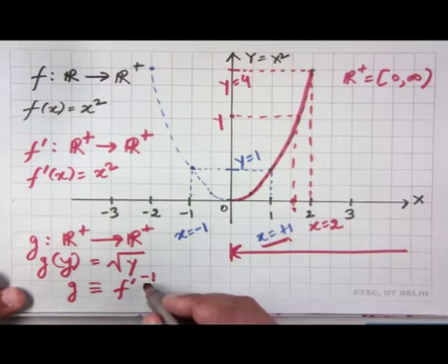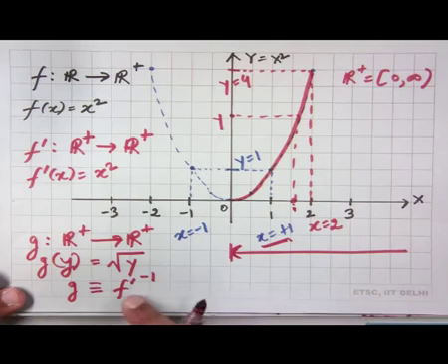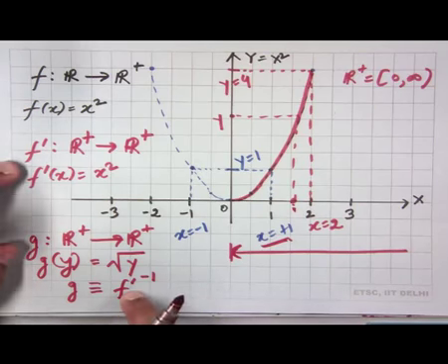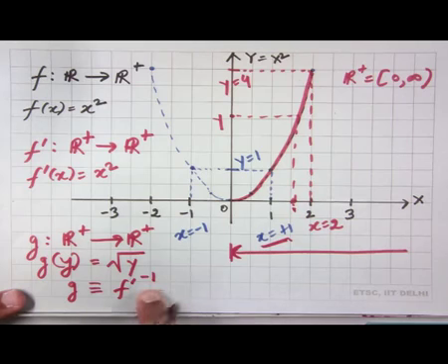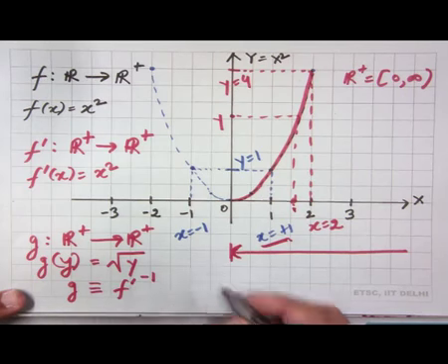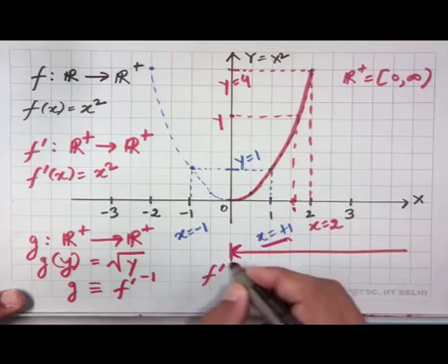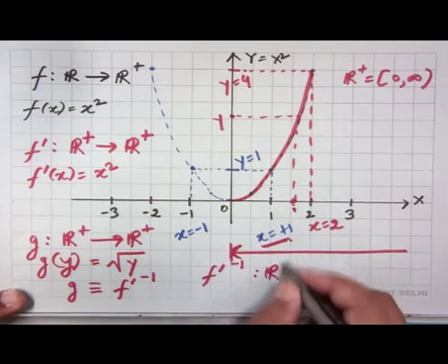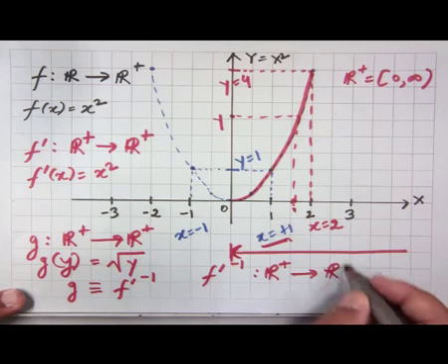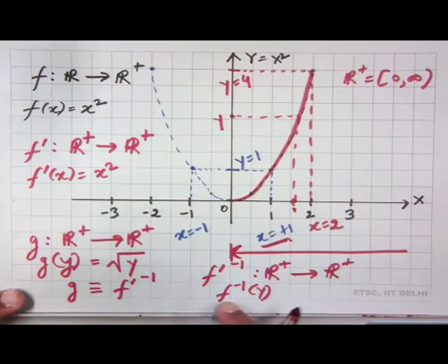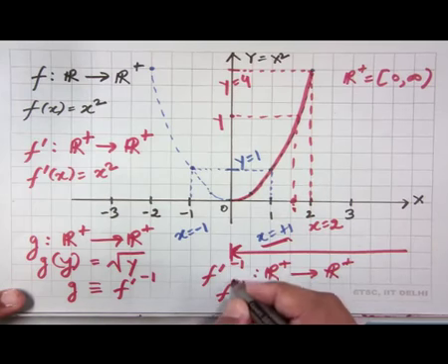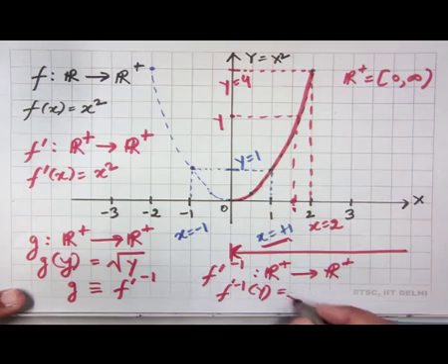So, we use this superscript on the name of the original function whose inverse we are defining. So, f prime inverse is from R plus to R plus, and f prime inverse of y for any y belonging to the domain of f prime is equal to the positive square root of y.